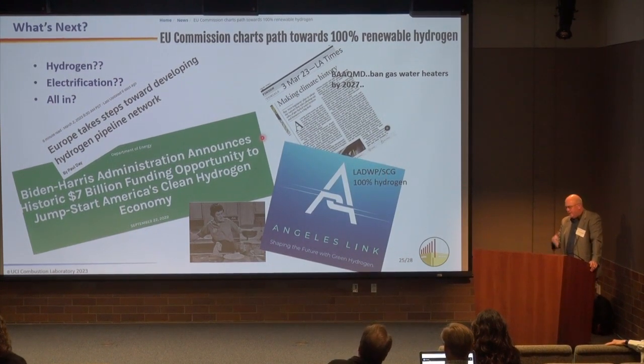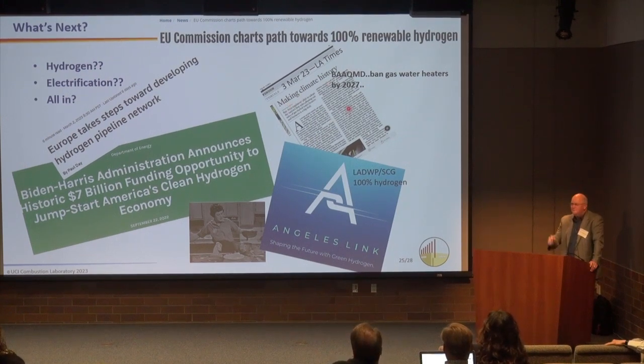On the other hand, you have the Bay Area, for example, along with others, and Therese can comment on it: we're banning gas water heaters by 2027. You won't be able to buy one and install it.